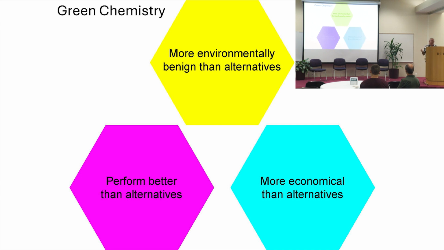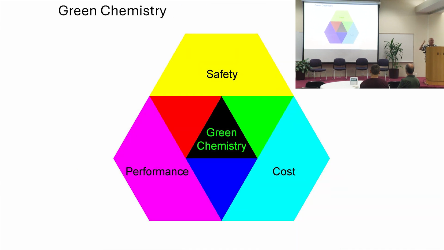And man, they have to be economically appropriate. We can't have just wealthy people who can afford it. So you ready for it? For us to have green chemistry, what do you need to do? You need to go beyond benign and have better performance and better cost. Okay, that's the whole point of this.